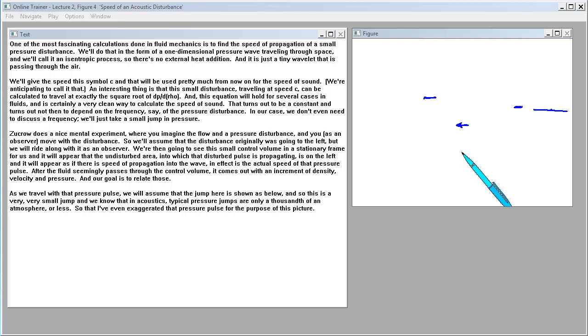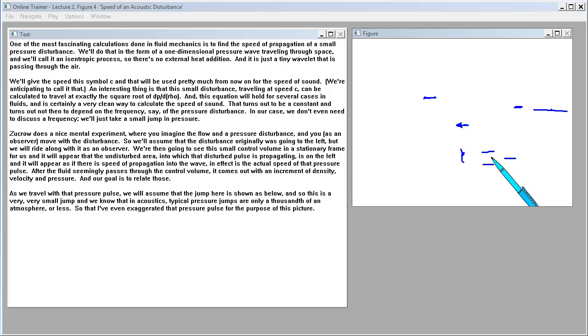We're then going to see this small control volume in a stationary frame for us, and it will appear that the undisturbed area into which that pressure pulse is propagating is on the left, and it will appear that there is a speed of propagation into the wave, which in effect is the actual speed of that pressure pulse. After the fluid seemingly passes through the control volume, it comes out with an increment of density, velocity, and pressure. And our goal is to relate those.